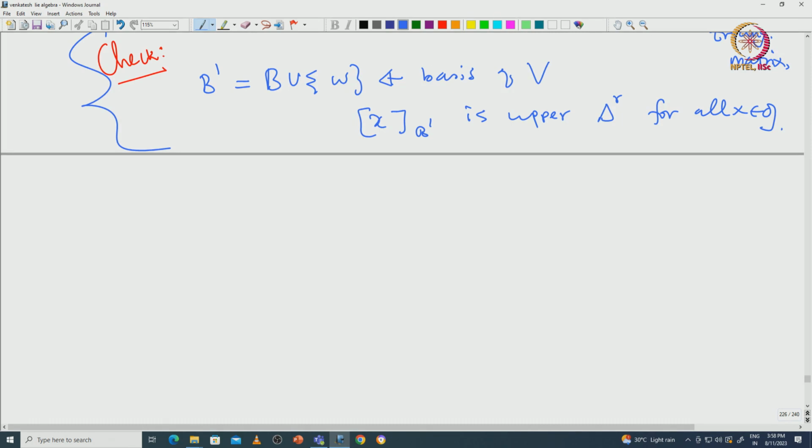So, there will be a basis in which all elements of this ad G will be represented as upper triangular matrices. So, in particular you can see that all the images of G also will be represented as upper triangular matrices.